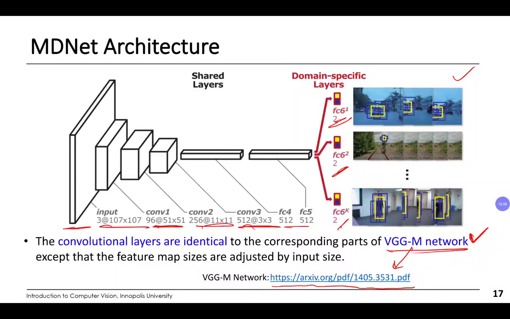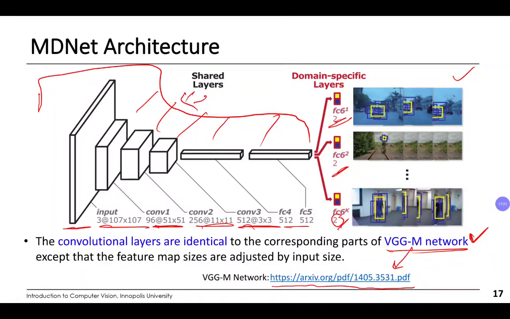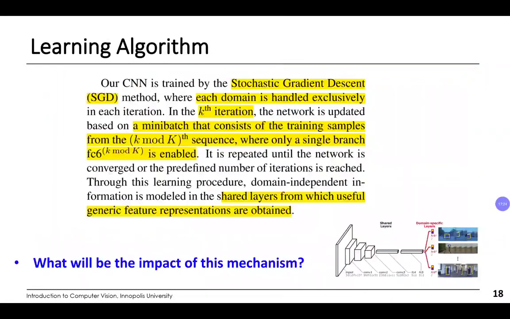In each of these, the 2 means that either we have a background or we have the target tracking object. Now they have a very nice idea of how to make this network which has shared layers. This is the shared layers. Let's move and see how they work.